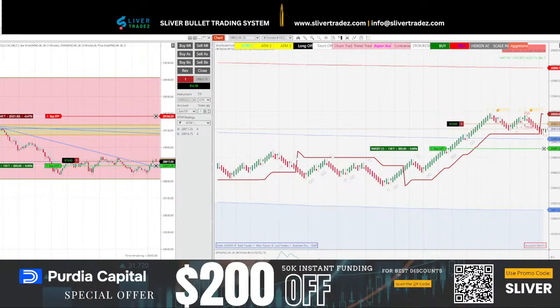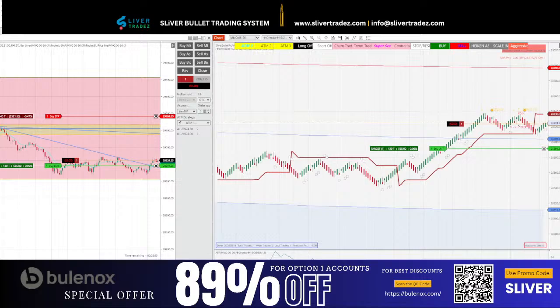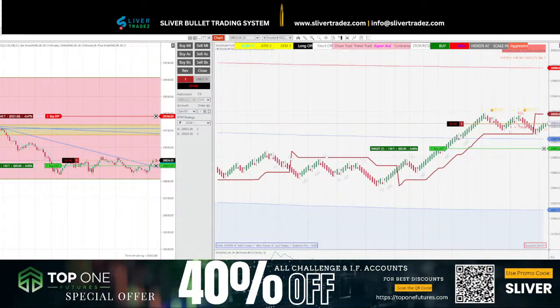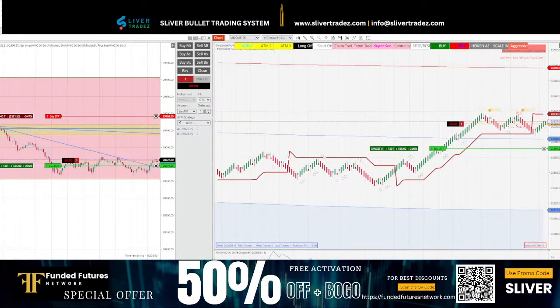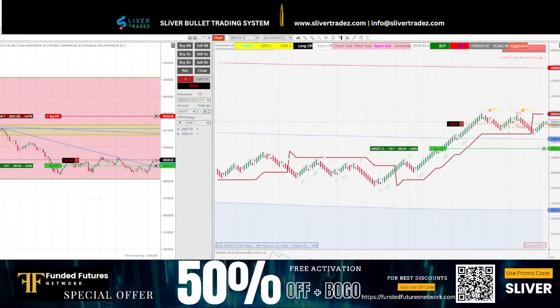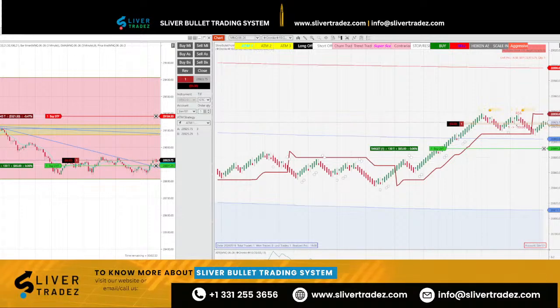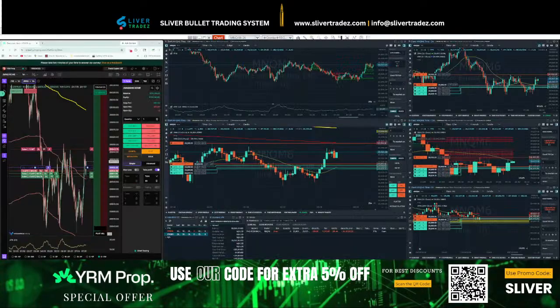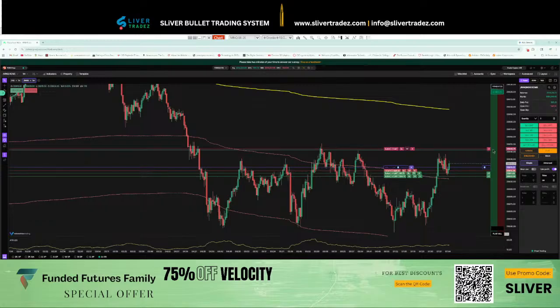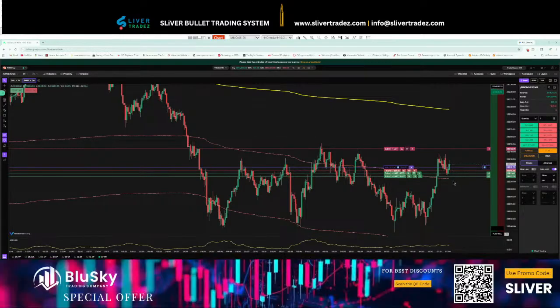I missed saying this. I don't know when it happened, but there was a profitable trade here. Hmm. I think I'm showing the wrong screen again. There was a profitable trade here on YRM Prop from $65. I still have two contracts open.